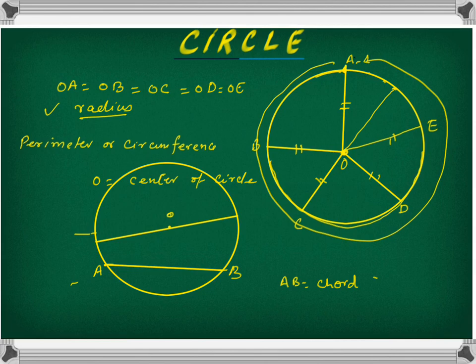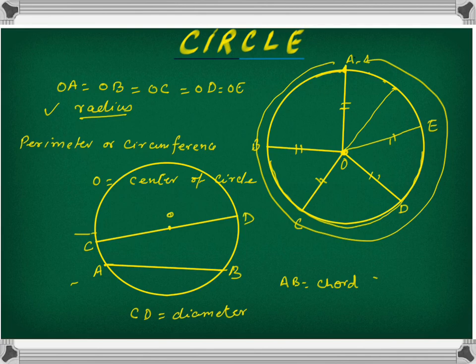So if I give the names C and D, CD will be the diameter, okay. So in any circle the diameter is the longest chord. Okay, so this is also a chord, but this is called the diameter because it passes through the center, and this is the longest chord we can draw in a circle.